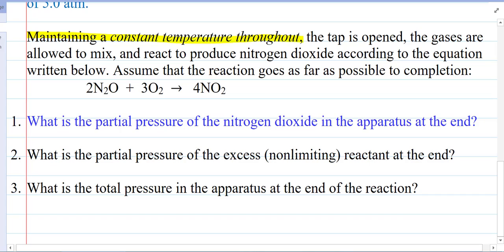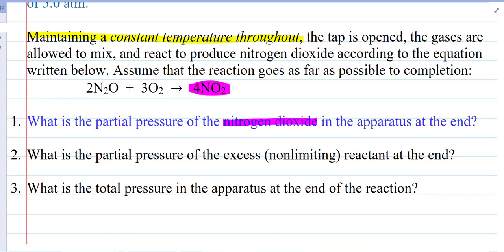And there's 3 questions. What's the partial pressure of nitrogen dioxide in the apparatus at the end? So right here, I want to know how much NO2 we have. What's the partial pressure of the non-limiting reactant? And then what's the total pressure?